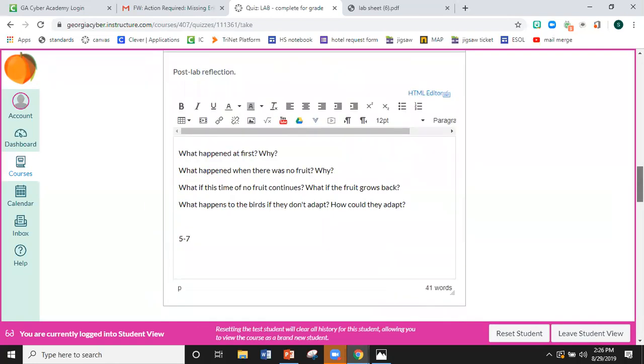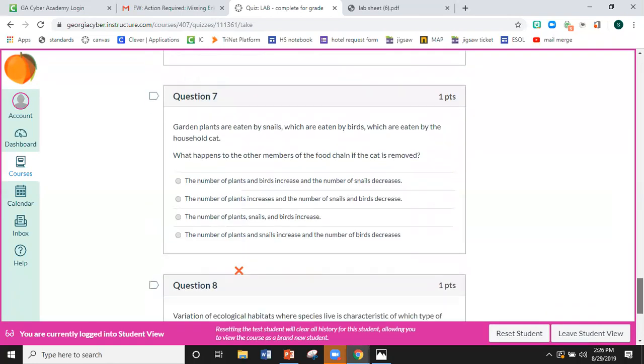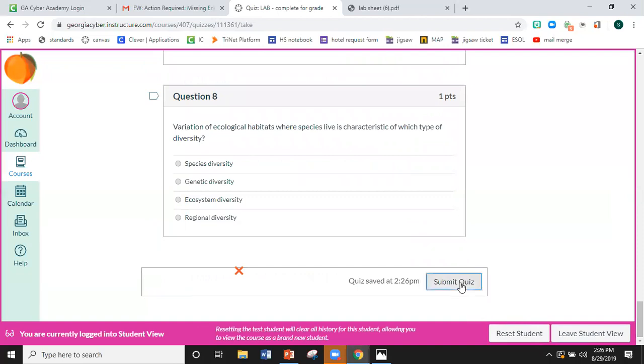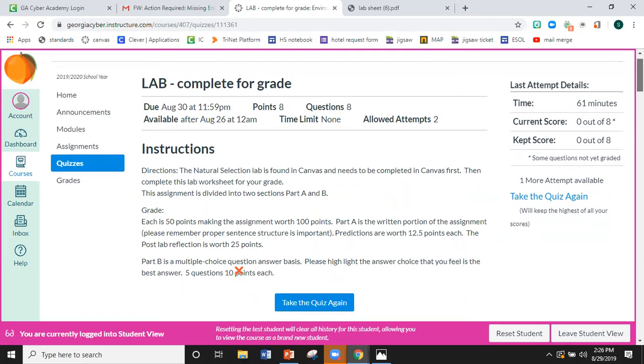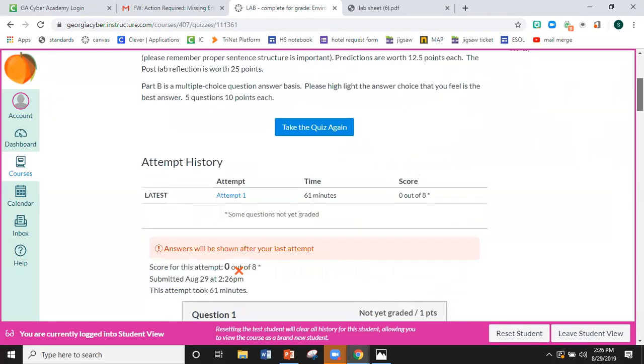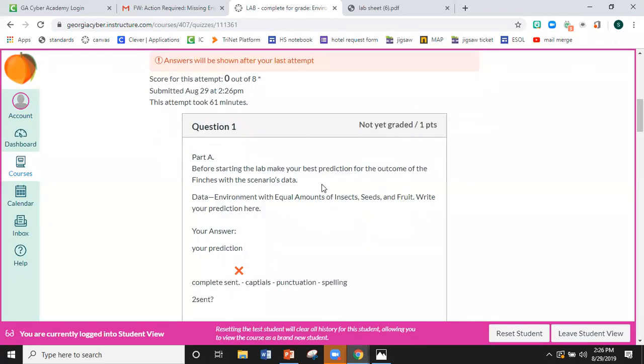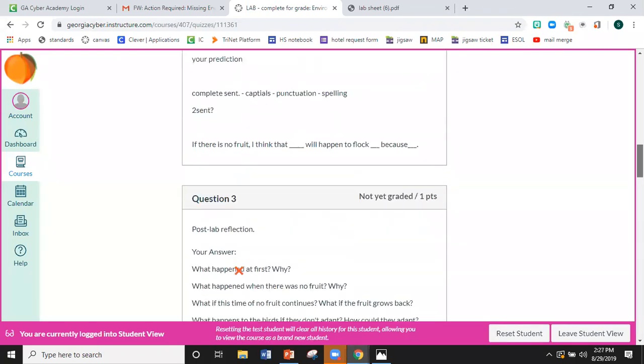Once you finish that, you click Submit Your Quiz. I haven't graded this part yet. I'll have to grade that, and I can't grade it till you get it submitted.